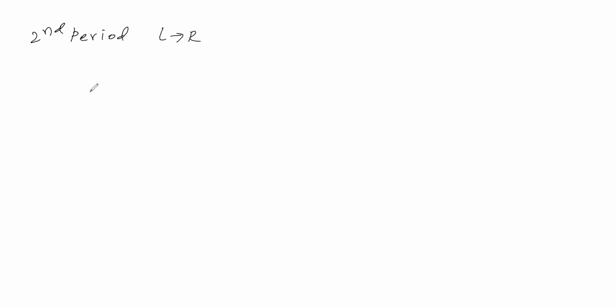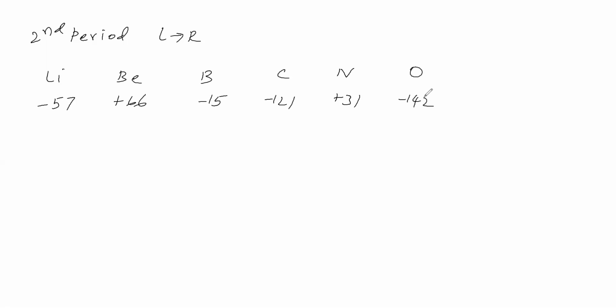Lithium is minus 57, beryllium is plus 66, boron minus 15, carbon minus 121, nitrogen plus 31, oxygen minus 142, fluorine minus 333, then neon plus 116. This is the second period from left to right.